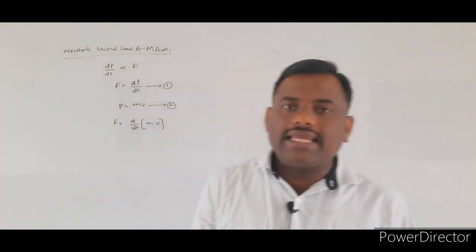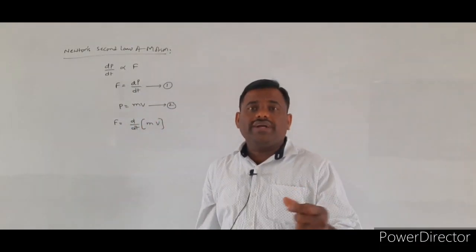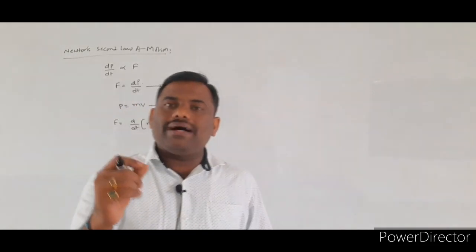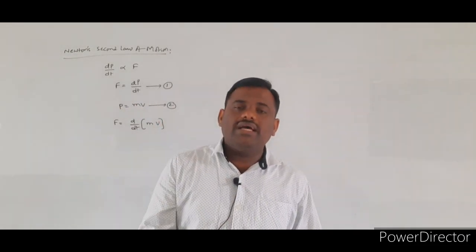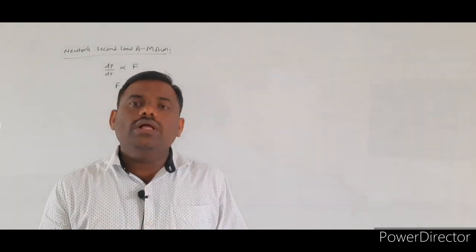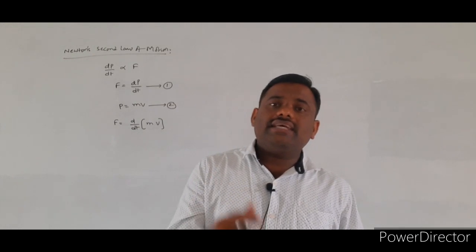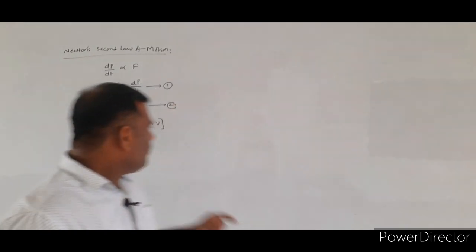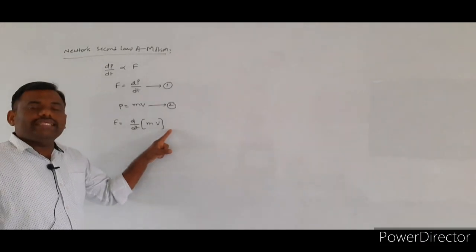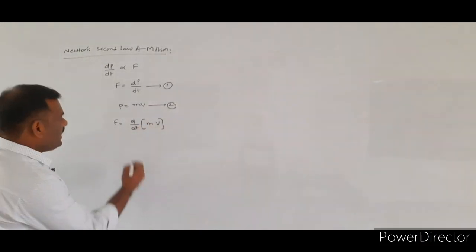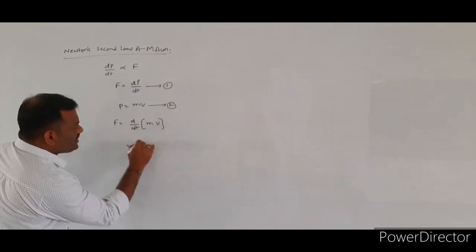In Newton's second law applications, there are two different cases. In case 1, we assume the mass of the given body is constant. In case 2, we assume the velocity of the moving object is constant. So two variables are there: mass is one variable and velocity is the other.